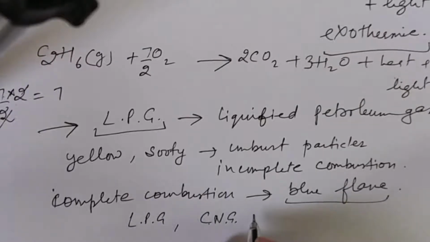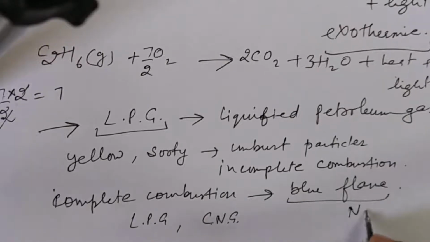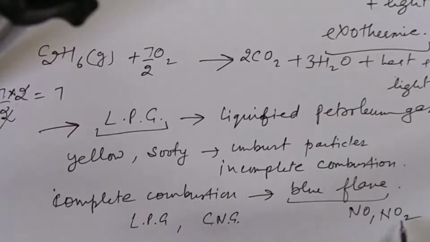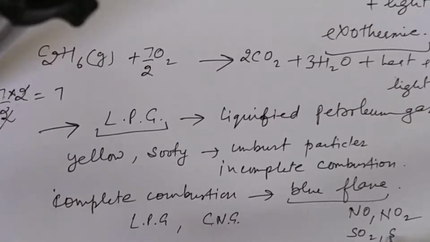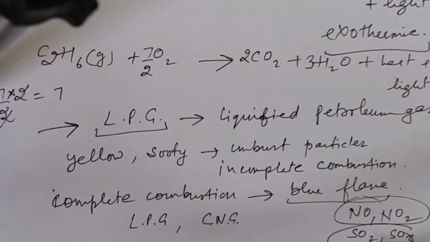Coal and petroleum contain elements like nitrogen and sulfur, and when we burn them they produce nitrogen oxides, sulfur dioxide and sulfur trioxide, which are highly poisonous and lead to pollution problems. So burning coal and petroleum is not useful for the environment.